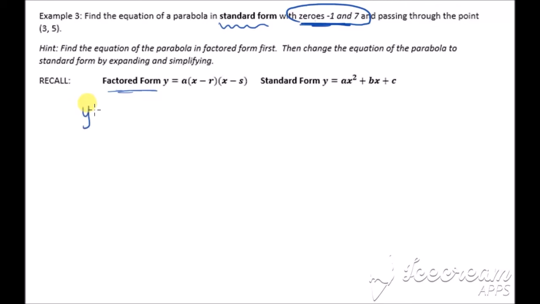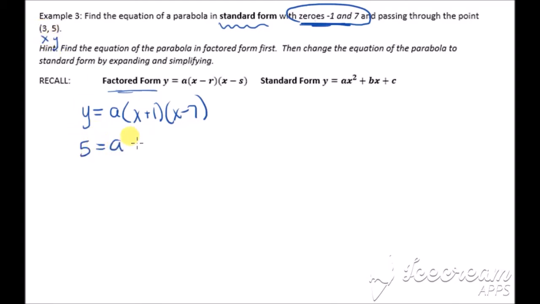So we go y equals a, since we need our a, that's usually what we want to solve for, our stretch or compression. Then (x plus 1)(x minus 7). Then let's sub in (3, 5) for the x, y.